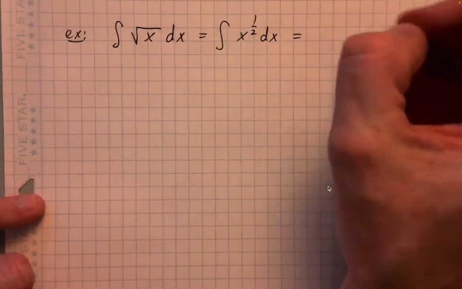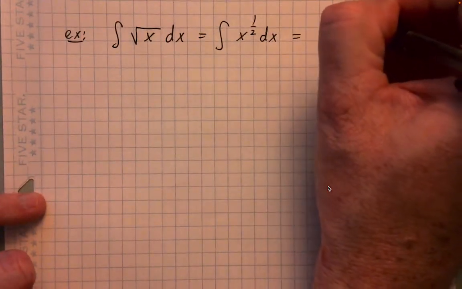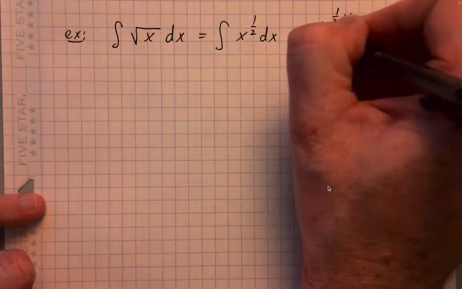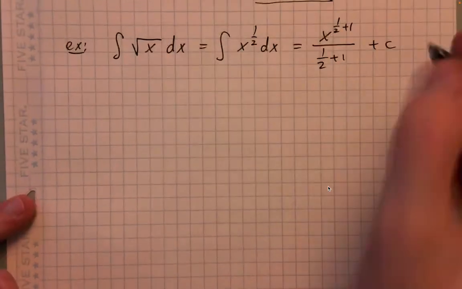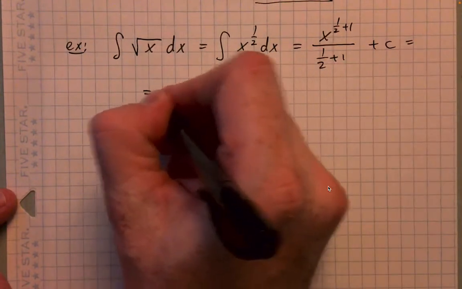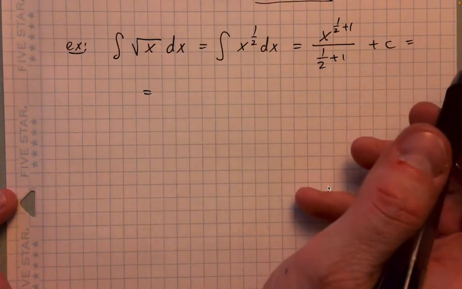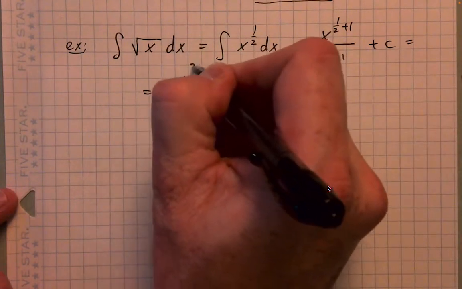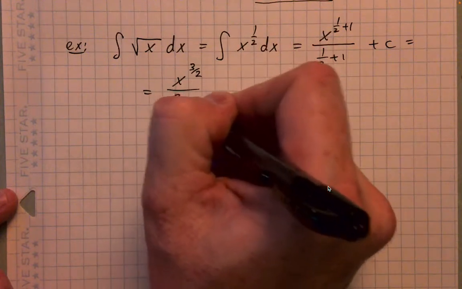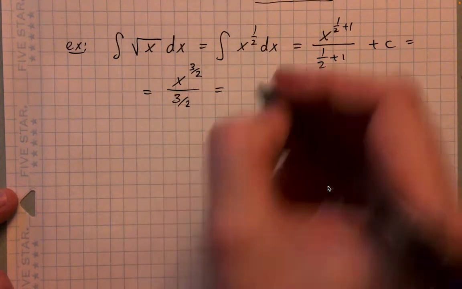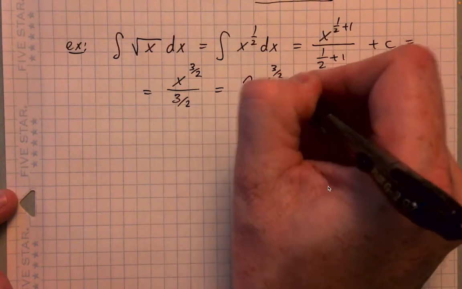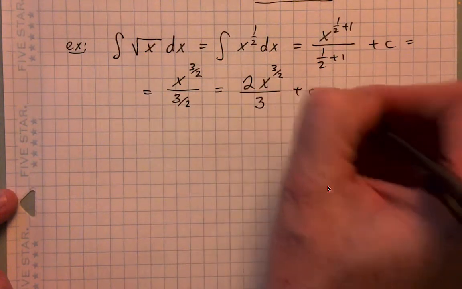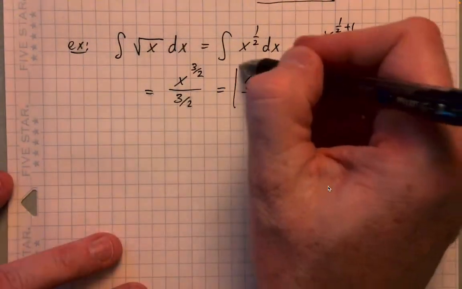We'll say this will be x to the 1/2 plus 1 divided by 1/2 plus 1, plus a c. And we get x to the 3/2 over 3/2, otherwise known as 2x to the 3/2 over 3 plus c. Okay, so there's that one.